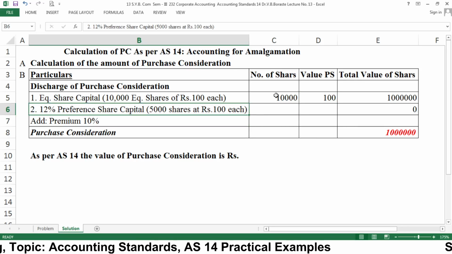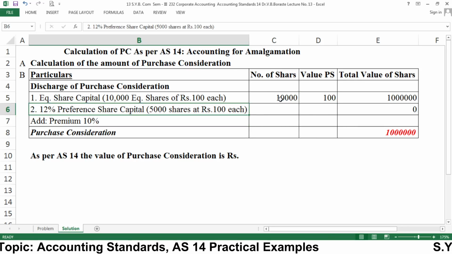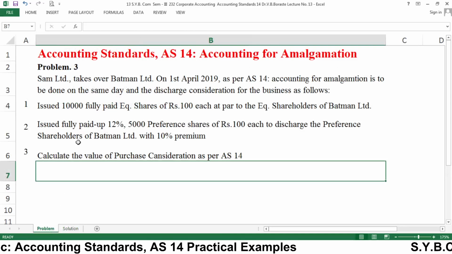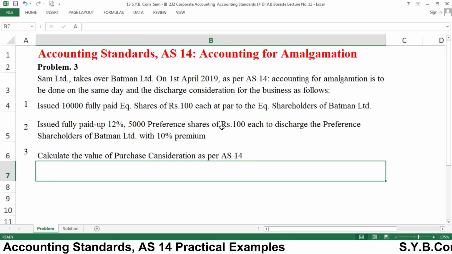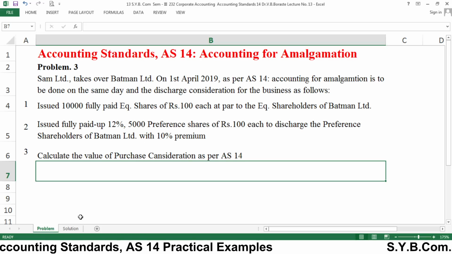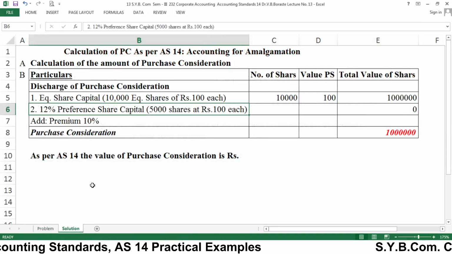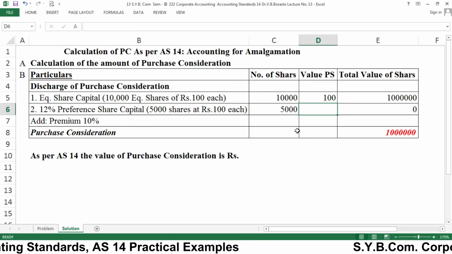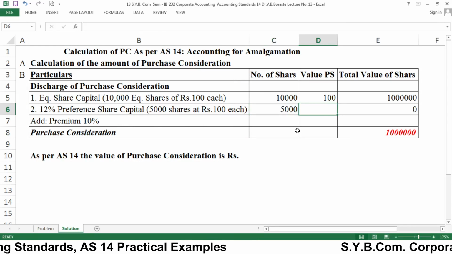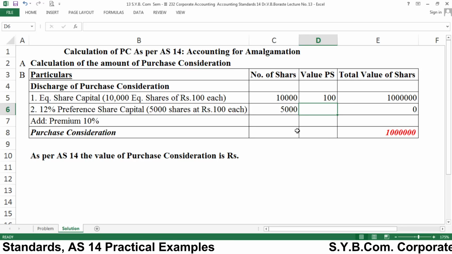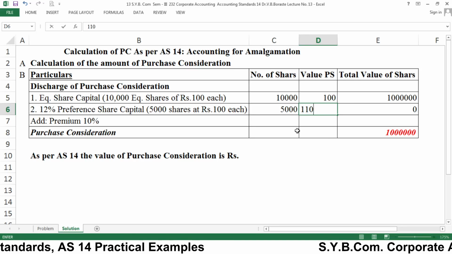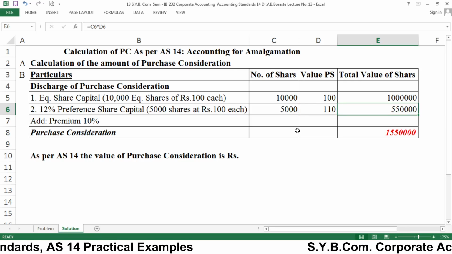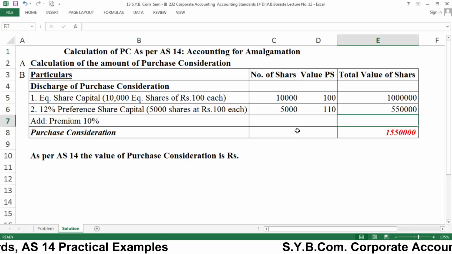Second one is 12% preference share capital, that is 5,000 shares at rupees 100 each plus 10% premium. So the number of shares will be 5,000 and the value of per share is rupees 100, but the shares are given at 10% premium, that means 100 plus 10, that is 110. So the value for preference shareholders will be 5,50,000.